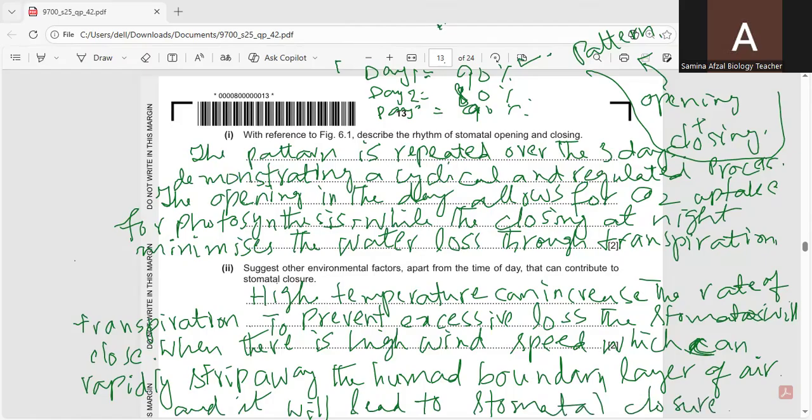So there are many different factors due to which the stomata can close.